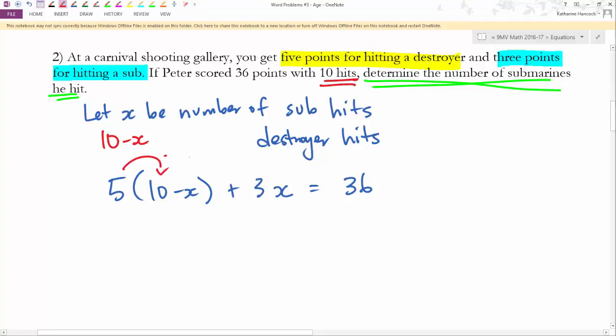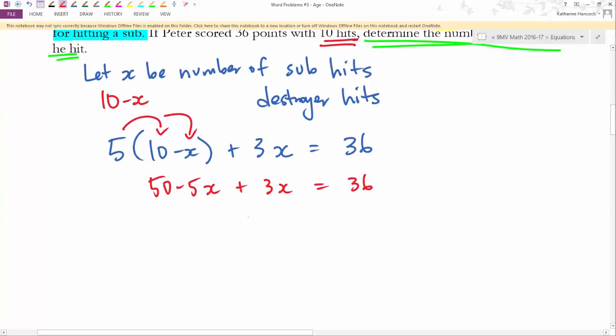So we're going to distribute, get 50 minus 5x plus 3x is 36. So I get minus 2x equals 36 minus 50. So minus 14. Divide both sides by minus 2. We get x equals 7.